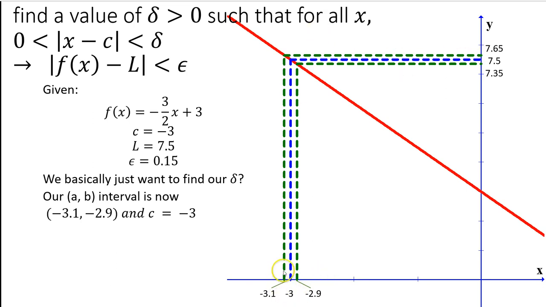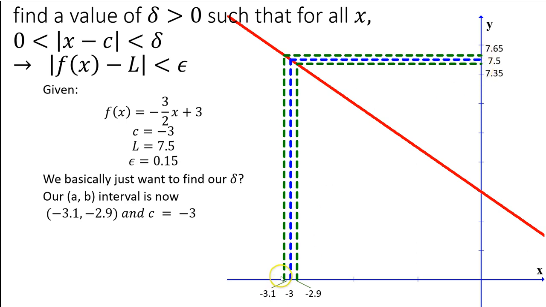In other words, if I'm within a delta distance of c, I'm approaching an epsilon distance of L. Or actually the definition works backwards: I should be able to find a delta, which is positive, so that if I fall within this delta neighborhood, I'm guaranteed to be within this epsilon neighborhood. And that's really all it's talking about.